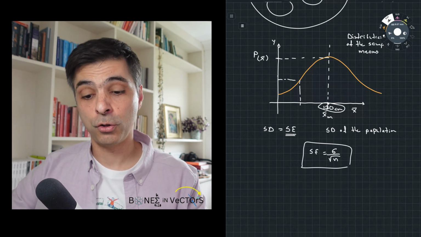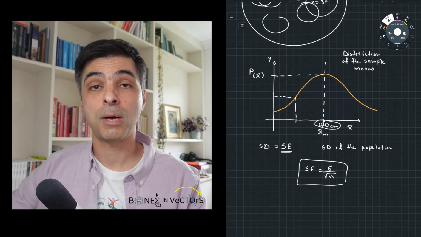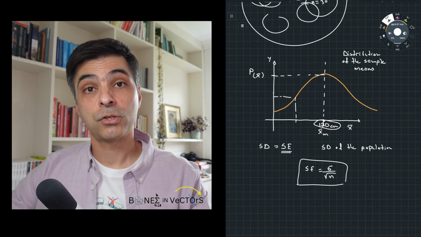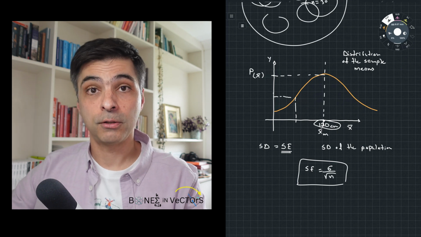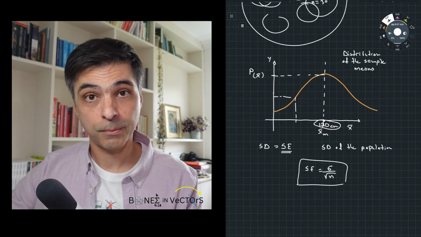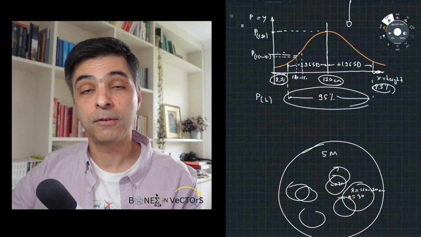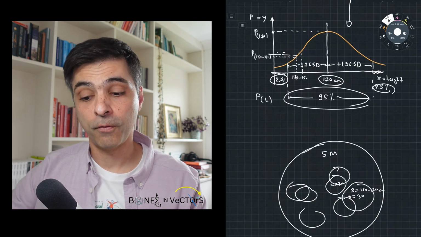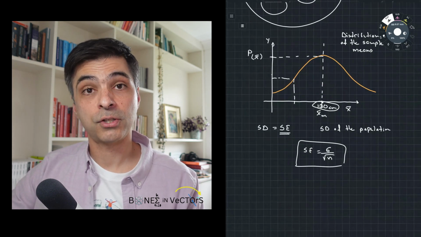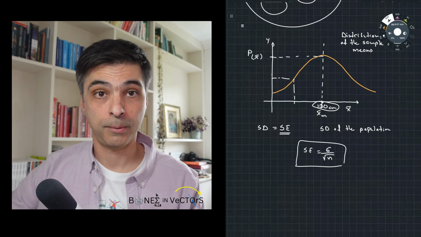All right, so if you have got a distribution of sample means of sample size 30, so you got many samples of 30 individuals, and you drew the graph of the probability of their means, then if you know the standard deviation of the population, you can calculate the standard error, which is the standard deviation of this distribution here.